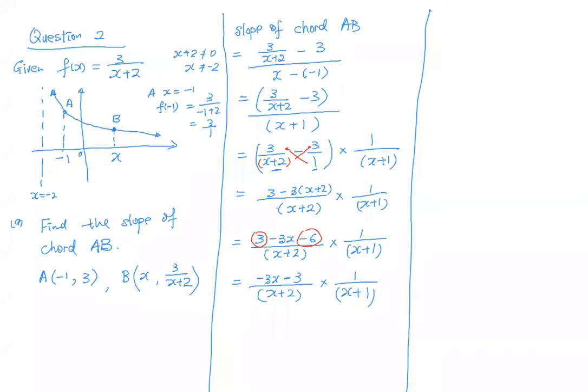So there is a common factor called -3, right? Can I take it out? Yes. So I got -3 open x plus 1. Remember, -3 is -3 times 1.